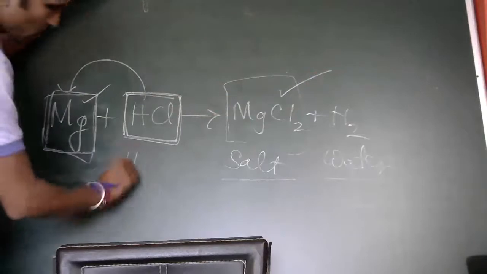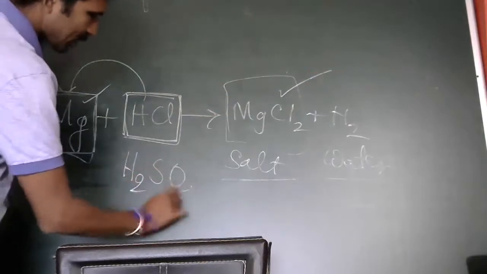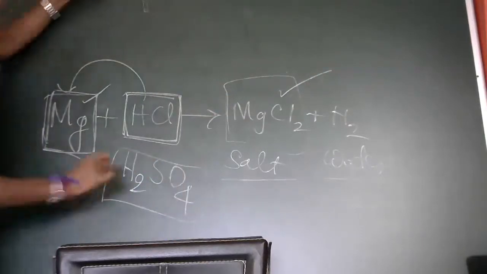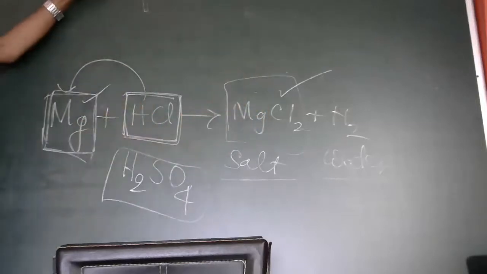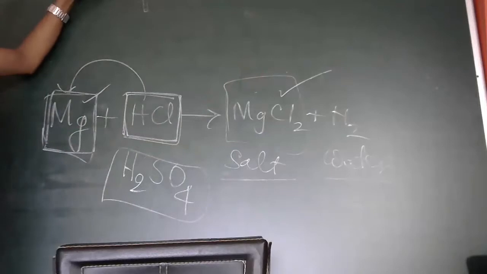If H2SO4, sulfuric acid, is reacting with the metal, it forms sulfates. If nitric acid is reacting with metal, nitrates are formed. If carbonic acid is reacting with metal, carbonates are formed. And H2 is common over there. So this is how the metal reacts with the acid.